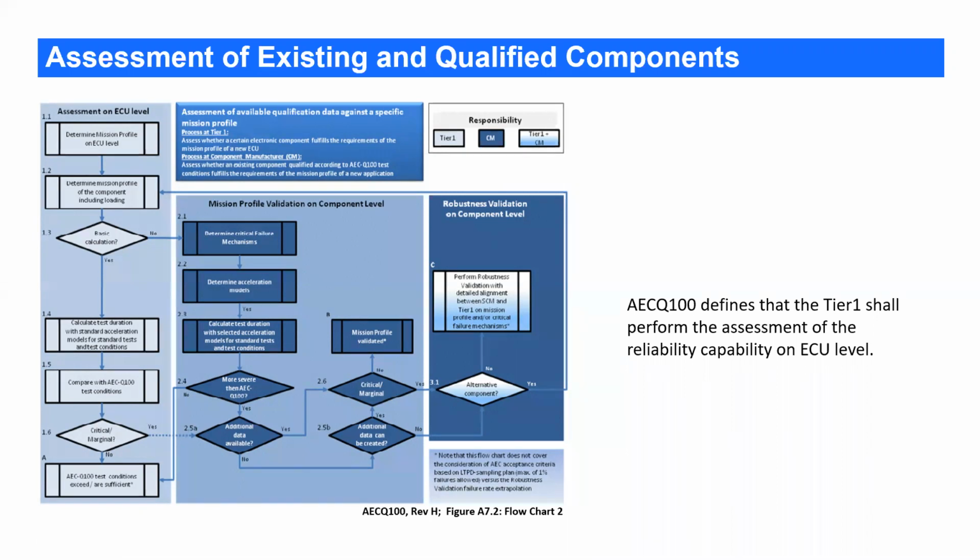If the answer is yes, then the tier 1 has basically all the information on hand that they can use to make a calculation if a certain mission profile is overstressing or understressing a given device.